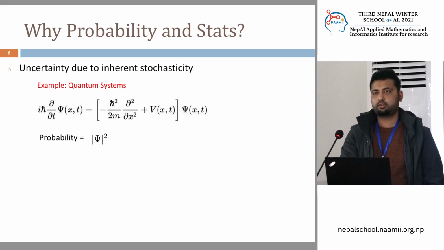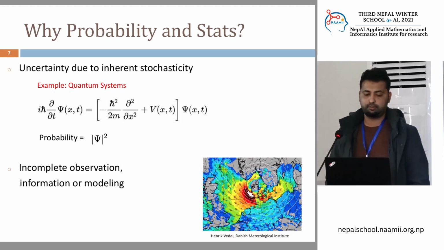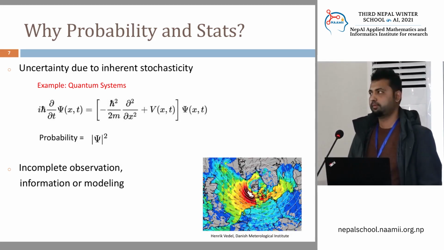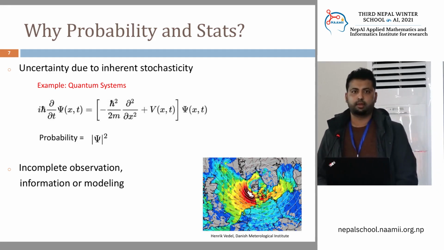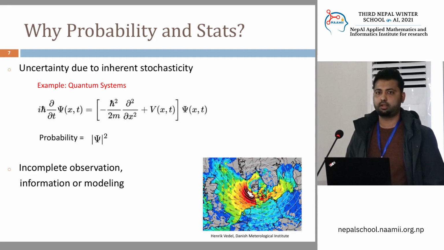But there are other scenarios. For example, if we want to model climate change and try to predict the climate, this may not necessarily be stochastic inherently, like a quantum system, but we have limited knowledge of things.